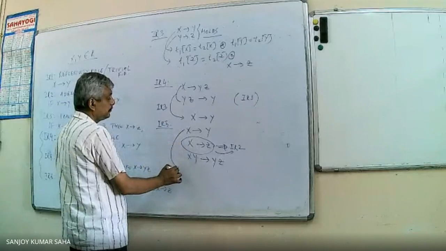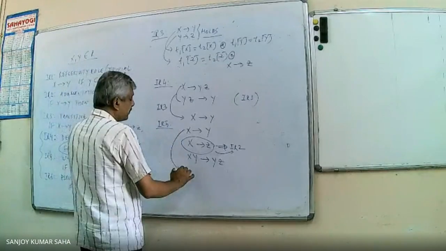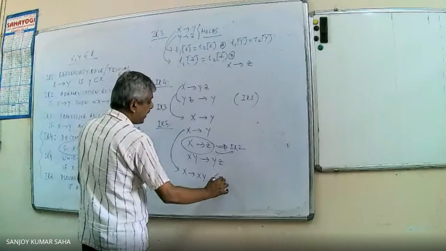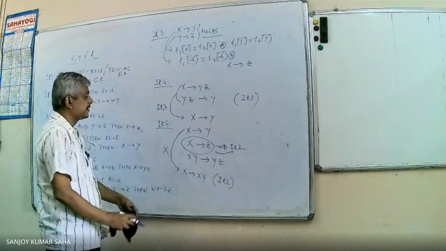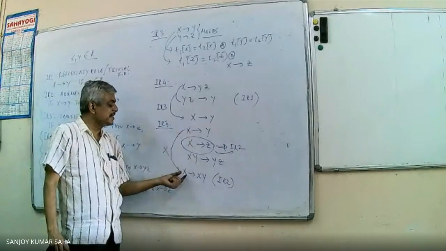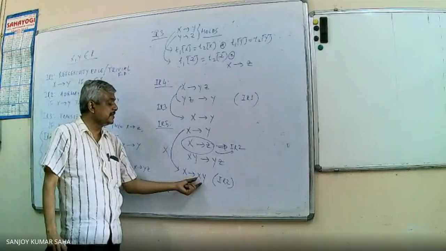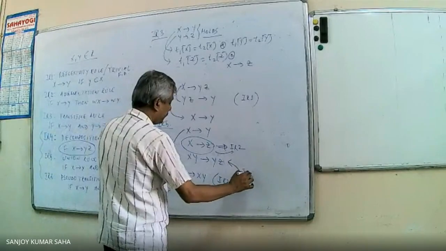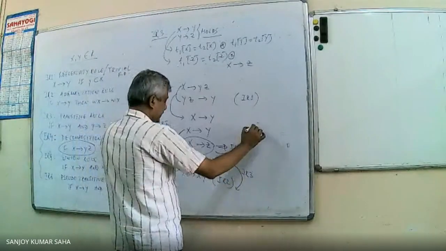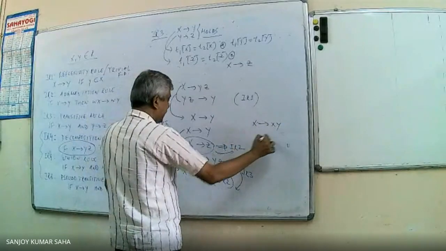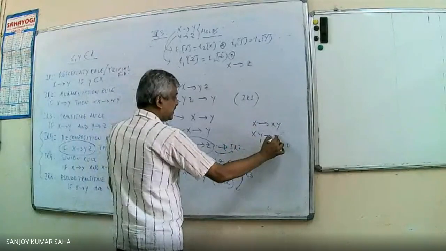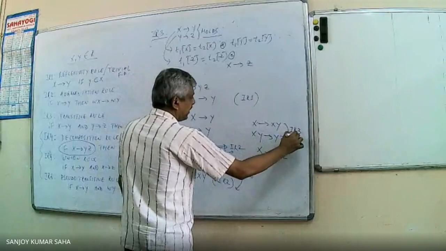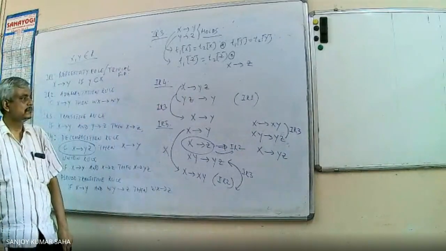Here, if we again apply IR2, this is augmented by x. So x augmented by x is same. So here x implies xy. Now if we consider these two, apply the transitive rule. So we have obtained x implies xy, xy implies yz. So basically x implies yz. Applying IR3 here. Okay.